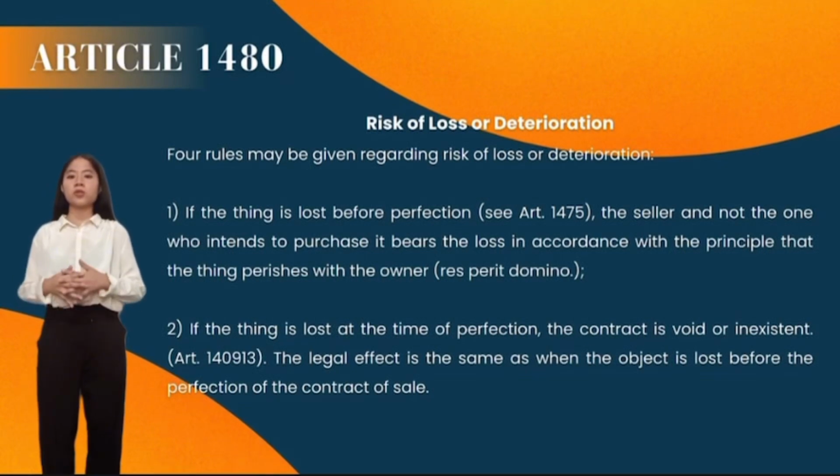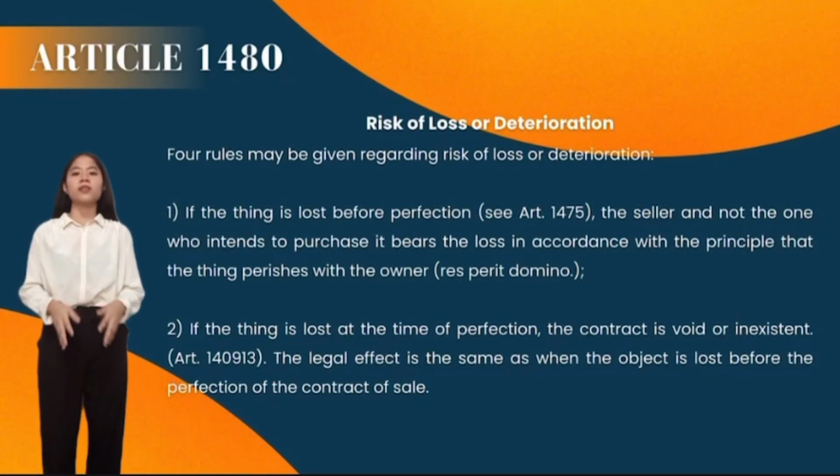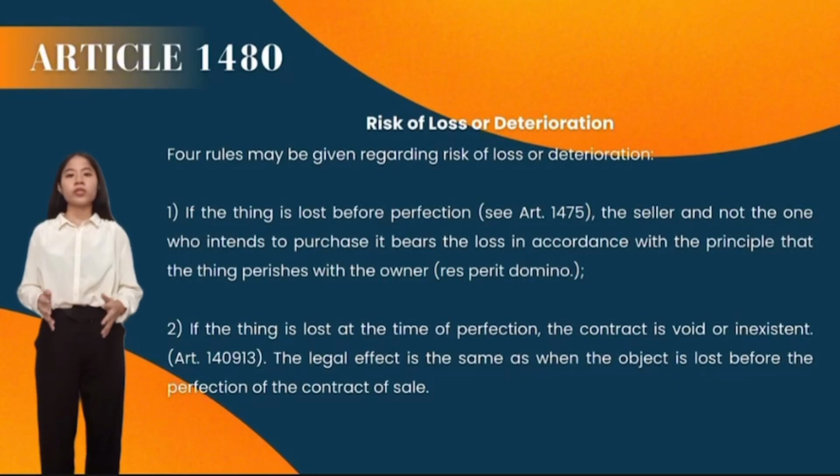There are four rules on risk of loss or deterioration. One, if the thing is lost before the perfection, the seller bears the risk because the ownership is still with the seller. Number two, if the thing is lost at the time of perfection, the ownership is still with the seller, so the seller bears the risk.